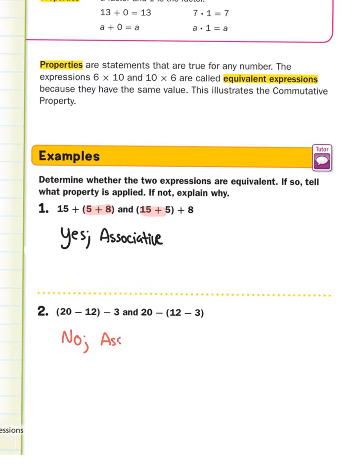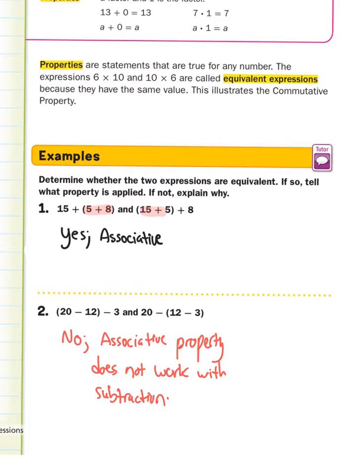So I'm going to say the associative property does not work with subtraction. Okay, so that's all you're going to do here. If they're equivalent, yes, what property? If they're not, why not?